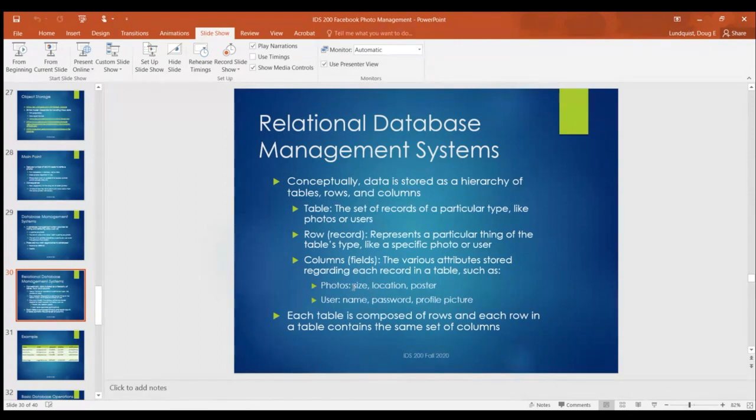For example, for photos, you might keep track of their size, their location, where they're stored in your system, and who the original user was that posted the photo. On the other hand, for users, you might track information like their name, their password, their profile picture. Each table is composed of rows, and each row in a table contains the same set of columns. That's the basic structure of a relational database system.